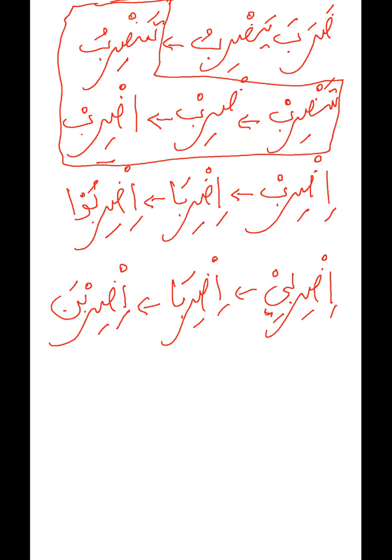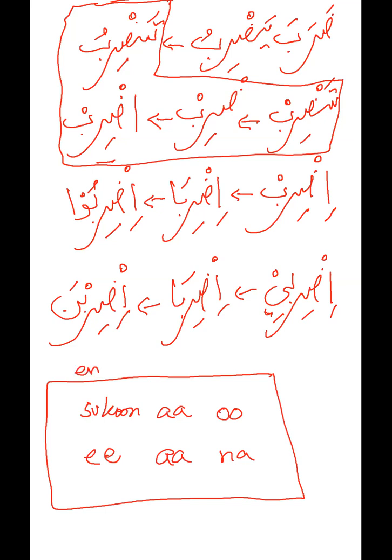So remember, Ustad said that it was sukoon, a, u, e, a, na. These are the endings of the commanding verbs. Remember this? Okay.